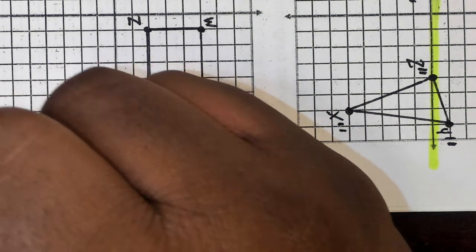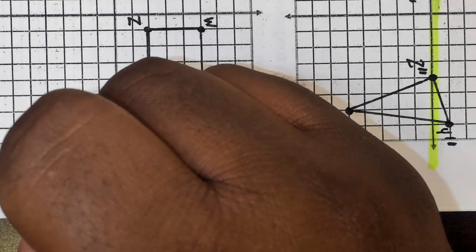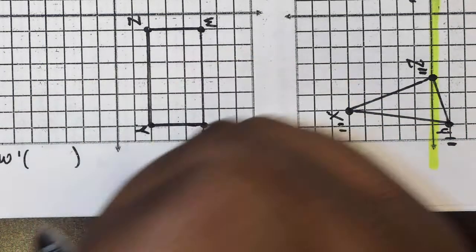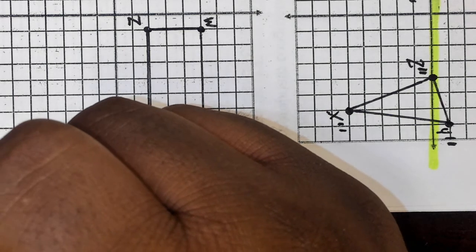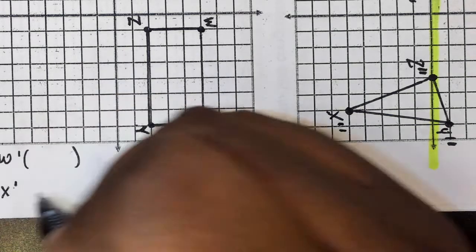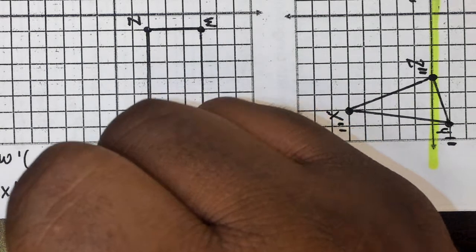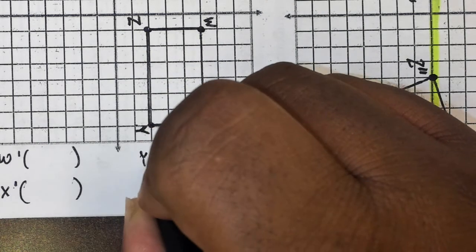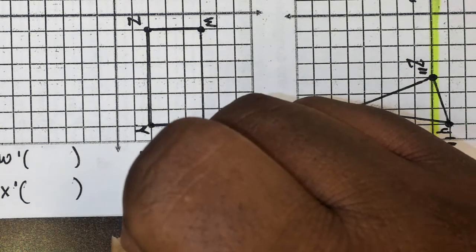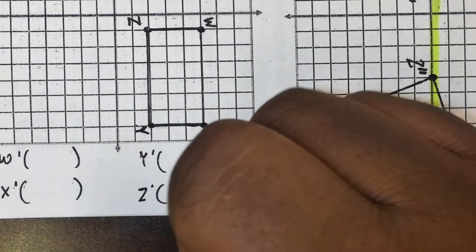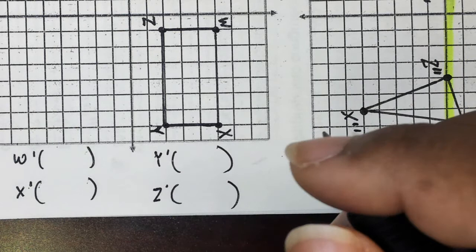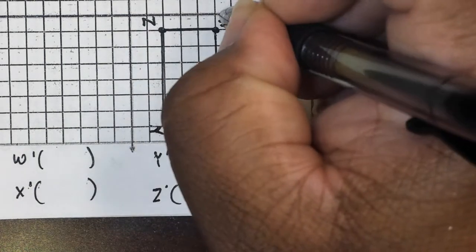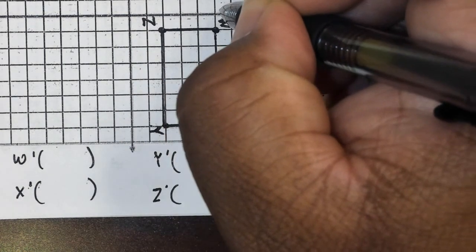So start with W prime, and this is around the origin, so we should be straight when we get these. W prime, I got it as 5, -1.